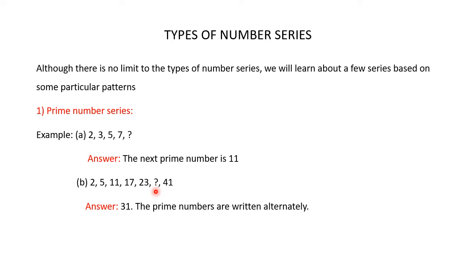That is not written. The next prime number to 37 is 41. That is written. So the series is 2, 5, 11, 17, 23, 31 and 41. Here the prime numbers are written alternately. The missing number is 31.